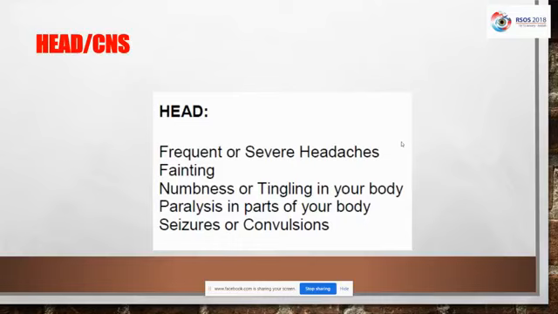So we'll start first with taking the positive data and symptoms related to the head and central nervous system. The main symptoms you need to ask the patient about are if the patient has frequent or severe headaches, any history of fainting, numbness or tingling in the body, any paralysis in any part of the body, or seizures or convulsions.